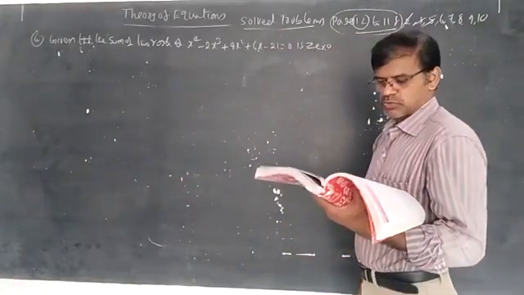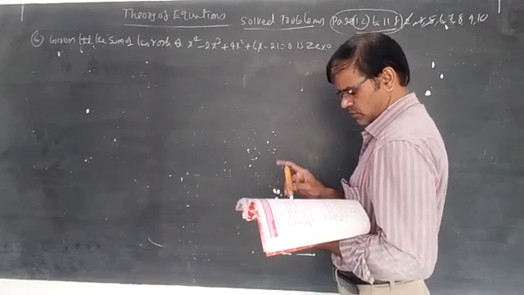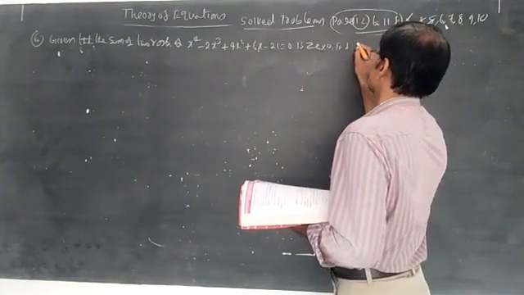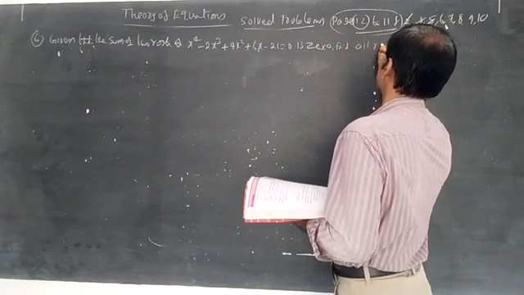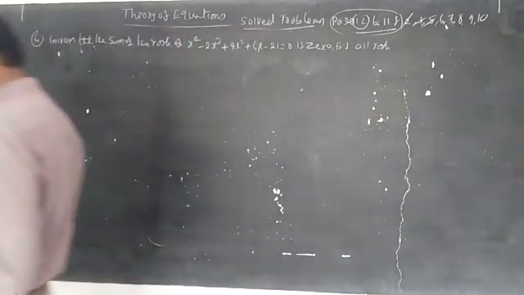Find all roots of the equation. Sum of two roots is 0.